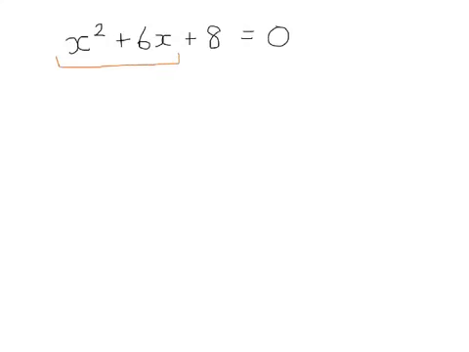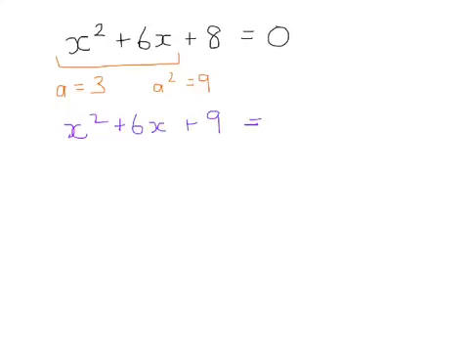we have to complete the square on this. Our a would be half of 6, which is 3. So a squared is 9. So what we want is x² + 6x + 9.